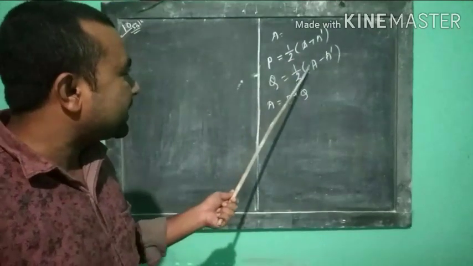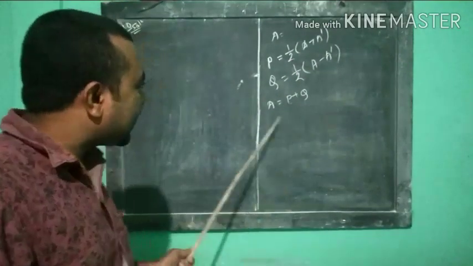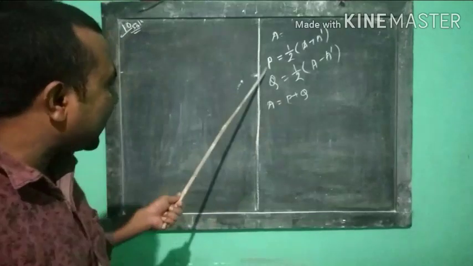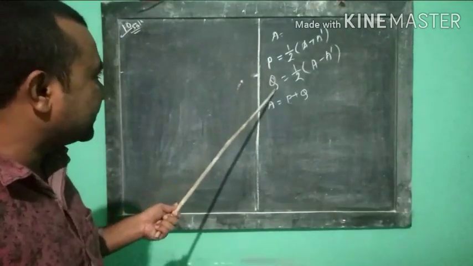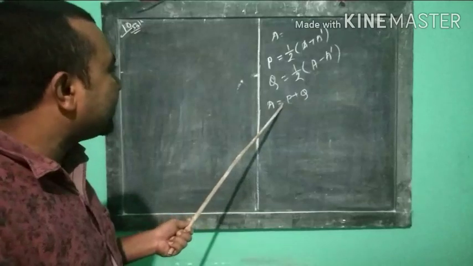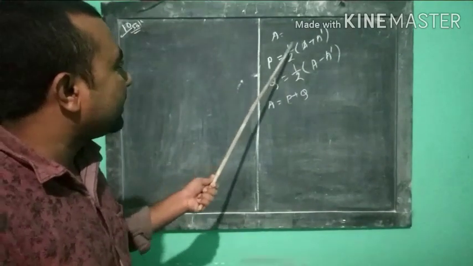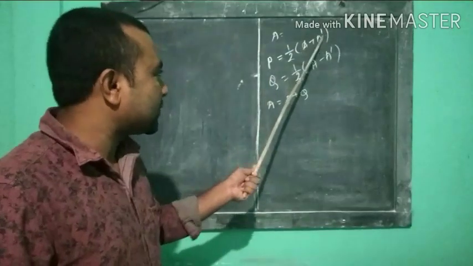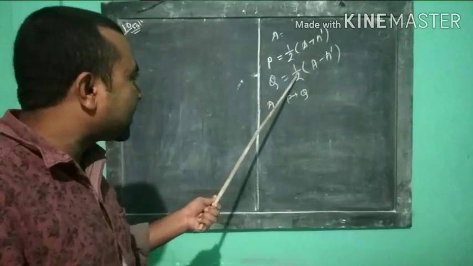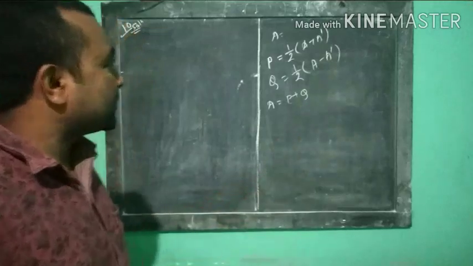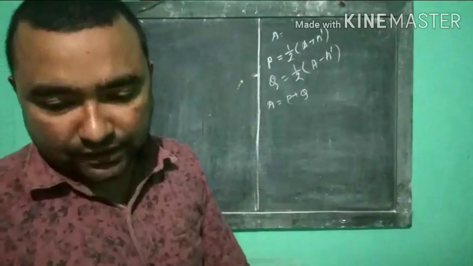If we add these two, P plus Q, then we get A: half of A plus half of A transpose, plus half of A minus half of A transpose. Is it clear?